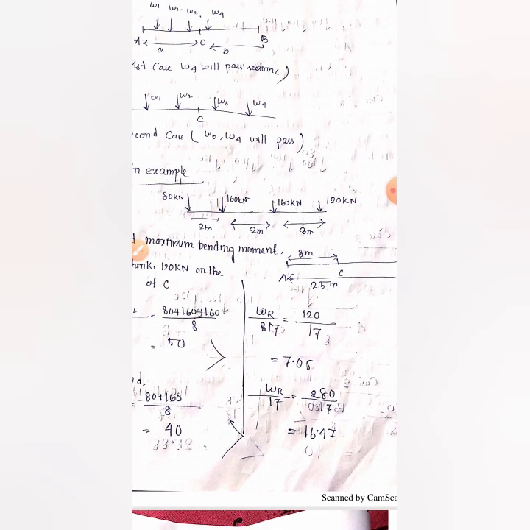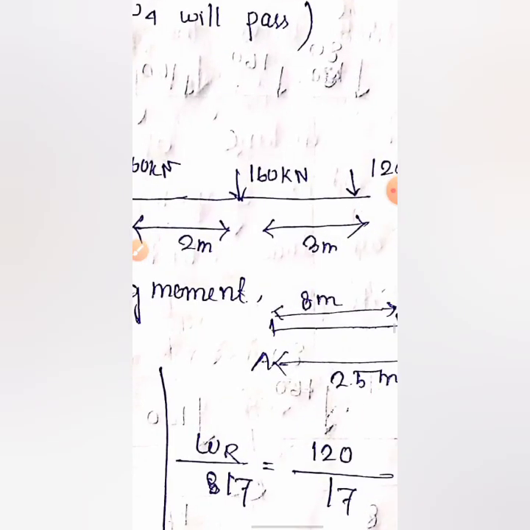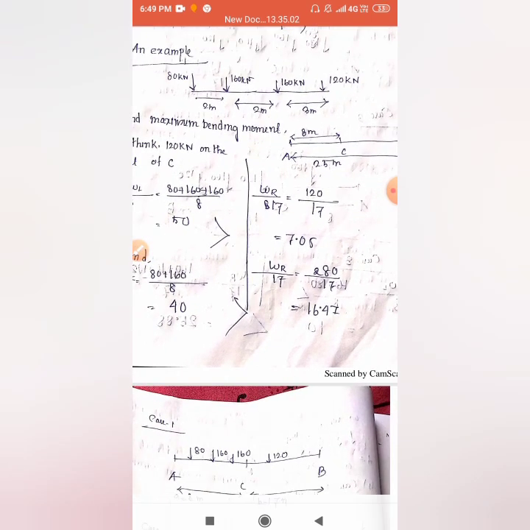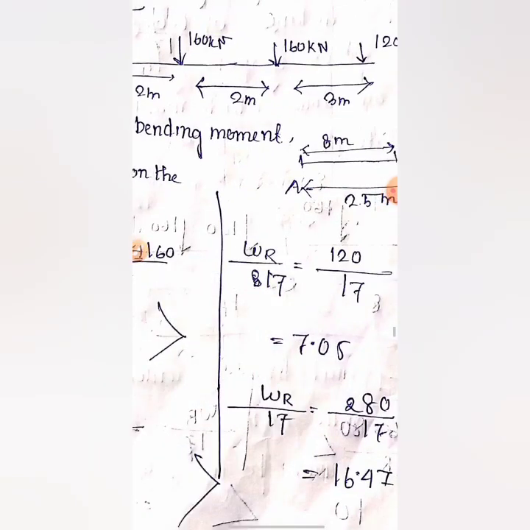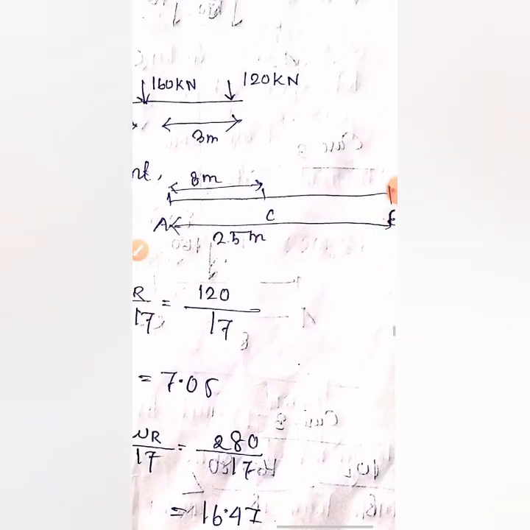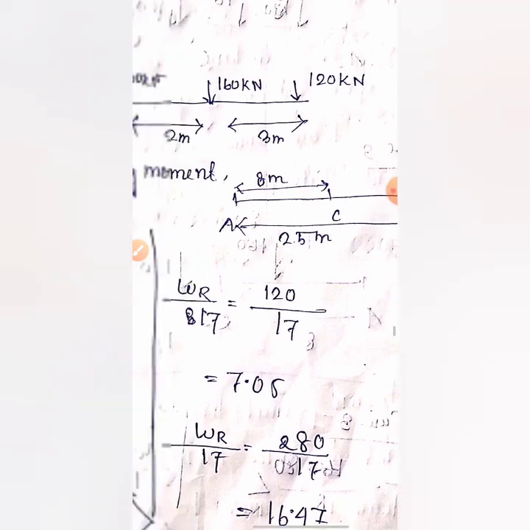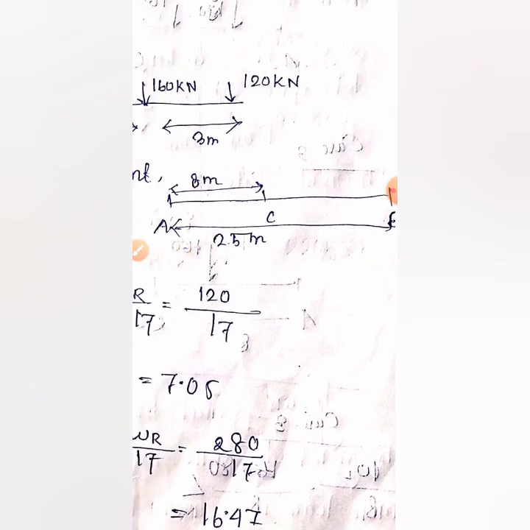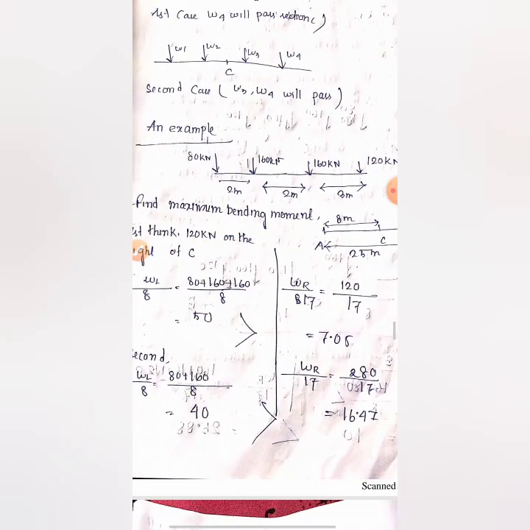That means in the second case we have to pass 160, this 160, over the section C. So again we have to check, if this 160 is passed over the section C, just imagine the left portion: what are the loads? 80 kilonewton and 160, and over the right portion this 160 and 120, because the 160 load has just passed over the section C. So in the right portion there will be two loads, 160 and 120, and over the left portion 80 and 160.